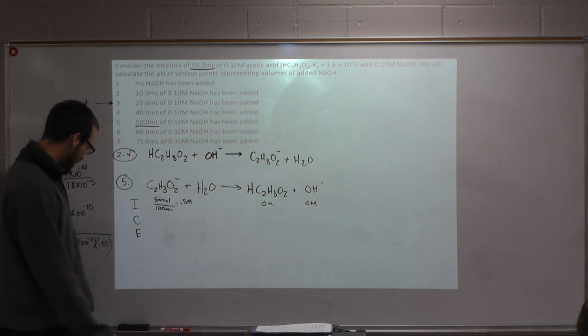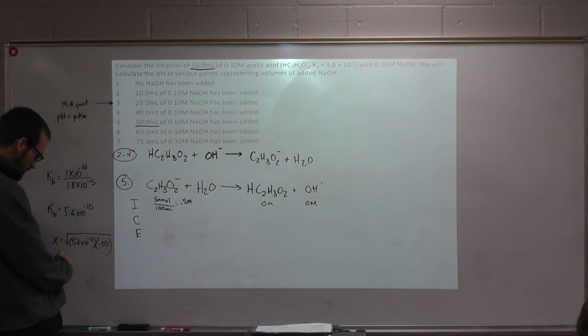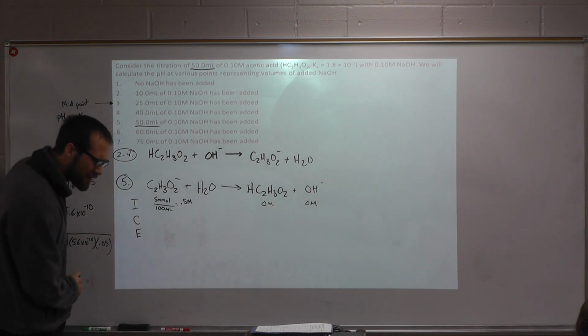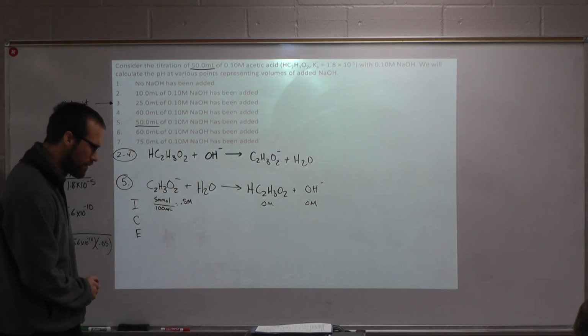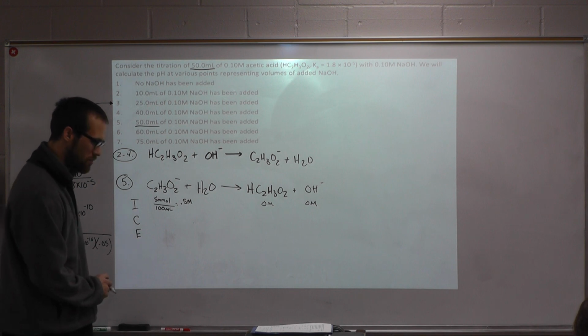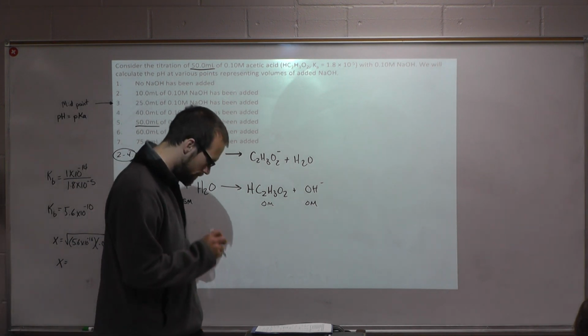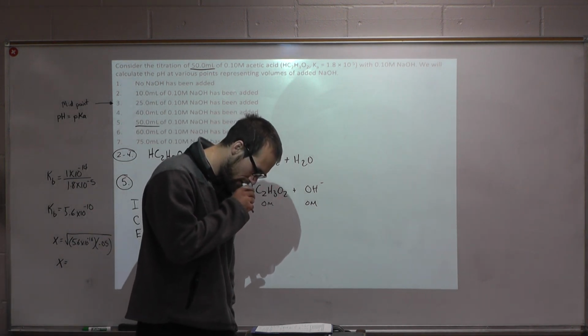Now, let's be careful here. My x when I solve for it is... oh, I wrote that wrong. 5 divided by 100 is 0.05.